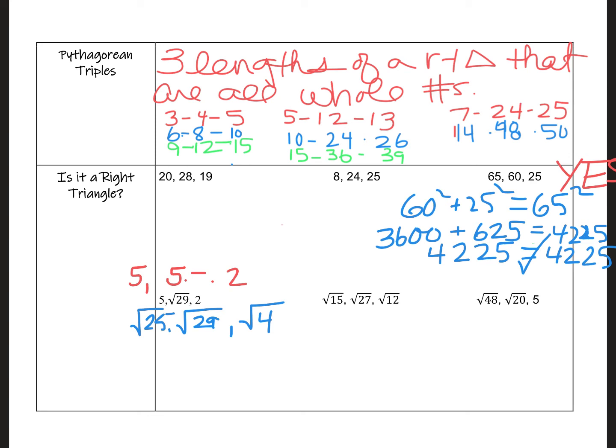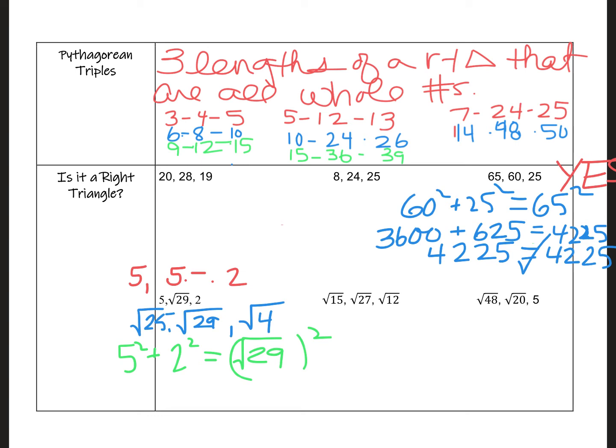So with that in mind, now that I know which one's the hypotenuse, I'm going to plug this in with my radical 29 going in for C. Notice how I'm writing that down. I'm squaring radical 29. So I'm putting it in parentheses. And then I'm going to take the other two, 5 and 2, and put them over here. So we have 5 squared plus 2 squared equals the square root of 29 squared.